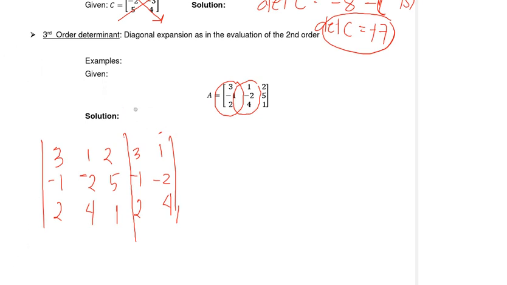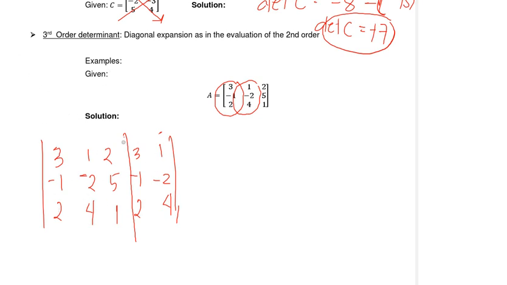So once we have a 3 by 5 arrangement of elements, we're now ready to use our diagonal method in the evaluation of our determinant. So the determinant will be equal to the sum of the product of the downward diagonals and minus the sum of the product of the upward diagonal.